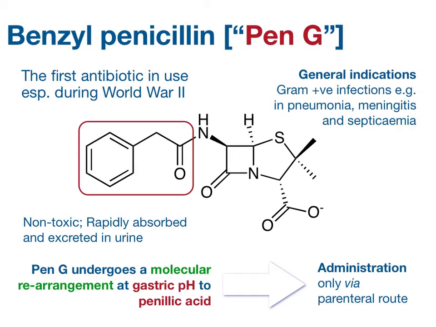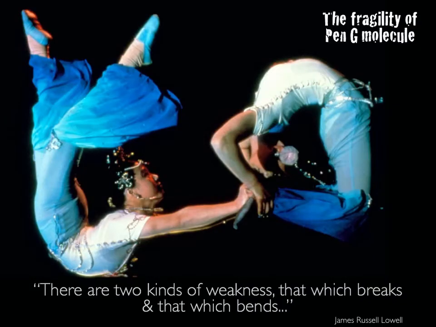So we can have a look at why it is decomposed. In terms of pen G, or the penicillin molecule in general, there are two types of decomposition or deactivation. One bends the molecule further, and another one breaks the molecule.